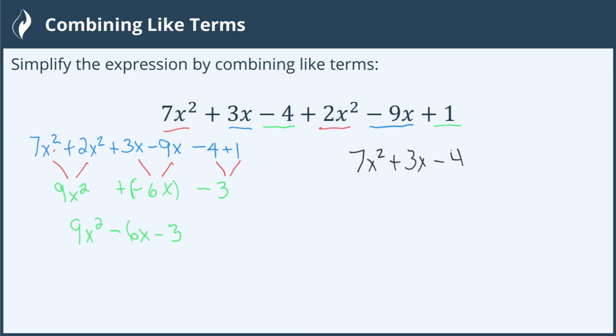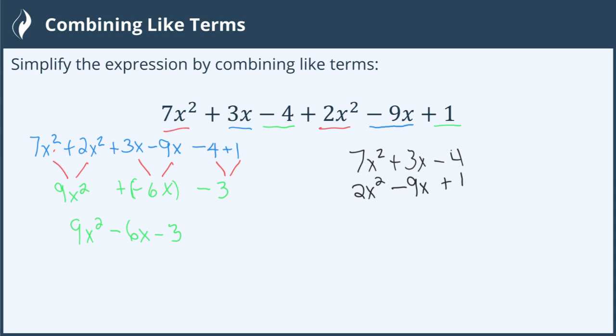They're very different from each other. Then I get to the 2x squared, and it's like one of those first 3 terms. So I'm going to put that 2x squared right underneath it. And then the next one, we have a -9x. I'm going to put that under the like term that it is alike, making sure to take my sign with me. And then I have my 1, which is just like the 4.